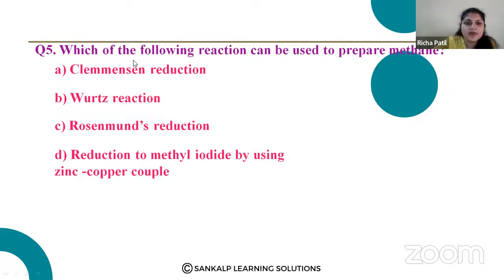Next, which of the following reactions can be used to prepare methane? Clemmensen reduction, Wurtz reaction, Rosenmund's reduction, or reduction of methyl iodide by using zinc copper couple.